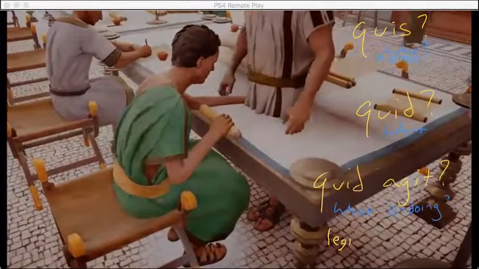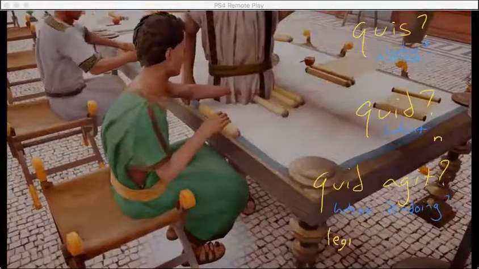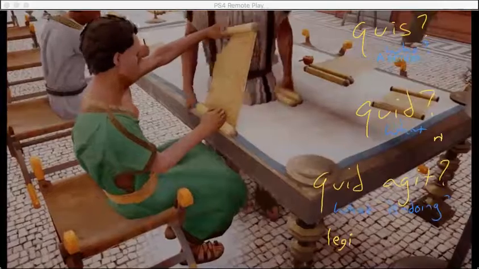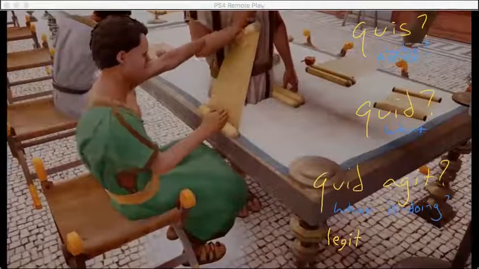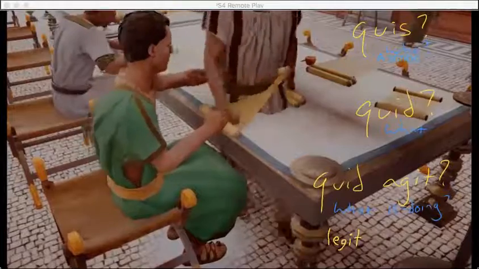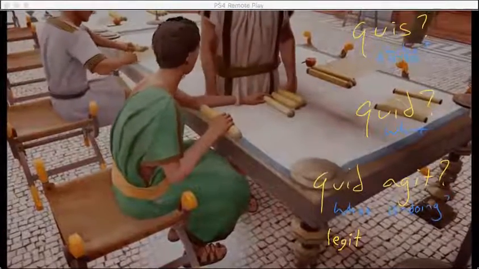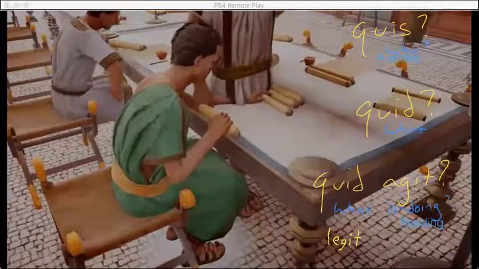He's standing on the table. Excuse me, sir, I'm trying to read. You're standing on my scroll. Legit, certe, legit, quid agit, legit. If you wanted to say a scribe, you could use the term scriptor.